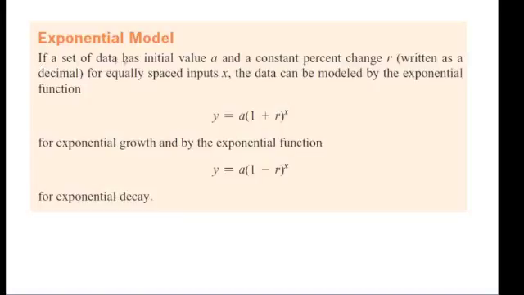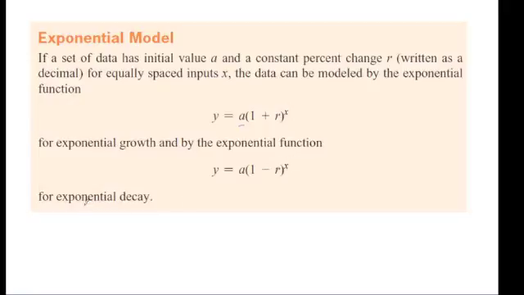Exponential model. If a set of data has initial value A and constant rate of change R, written as a decimal, for equally spaced inputs x, the data can be modeled by this exponential function. This is exponential growth. Notice this is plus, so it's growth. And exponential decay is modeled by the function y equals a times 1 minus the rate of change raised to the x.